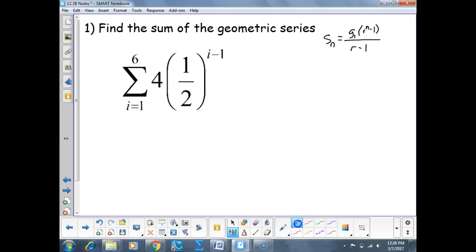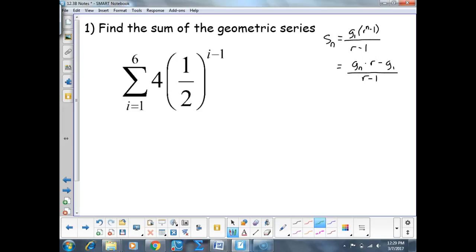Or we said that that was G sub n times r minus G sub 1 over r minus 1. So what do we need? It really depends on which one you want to use. So let's find all 4 of them, and then you guys can decipher which ones you want.